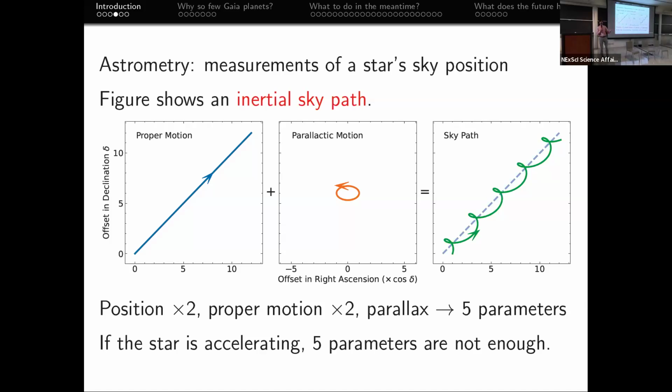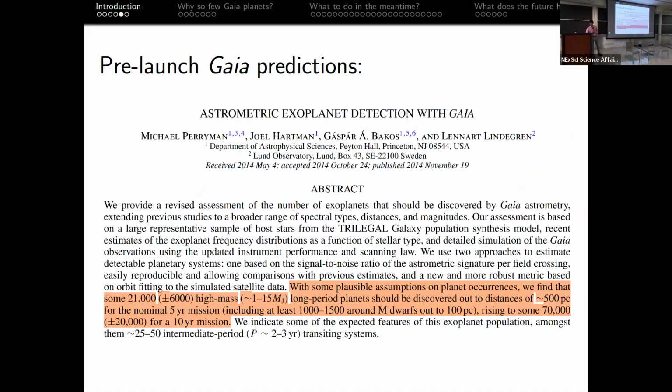If the star is being tugged or if there's something else going on, that 5 parameter fit is not enough, and your data will not be perfectly described by that green curve or something like the green curve. You'll need something more. Back 10 years ago, predictions for Gaia were a whole lot of planets.